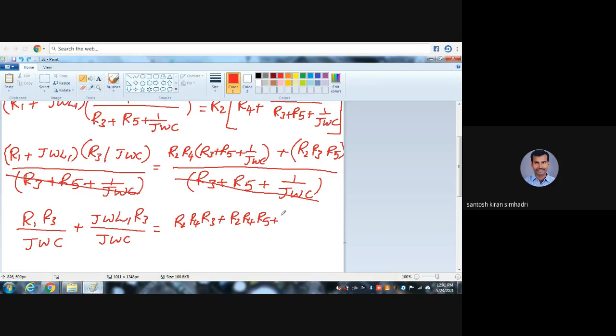The next one is R2 R4 by j omega C. What is the next one? Simply we can write. Vandana, are you verifying or not? Is it correct? Fine.